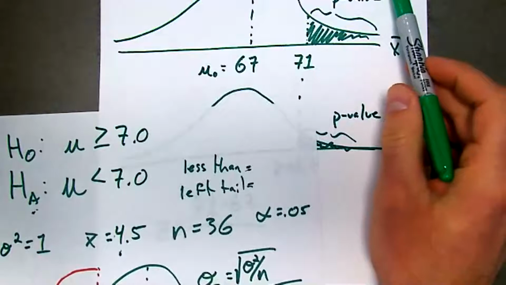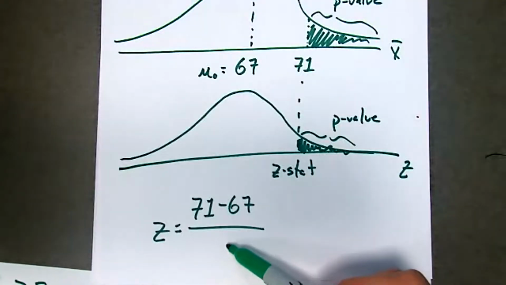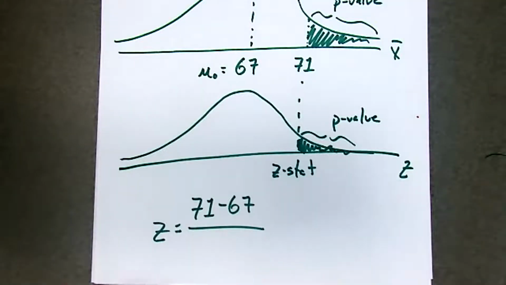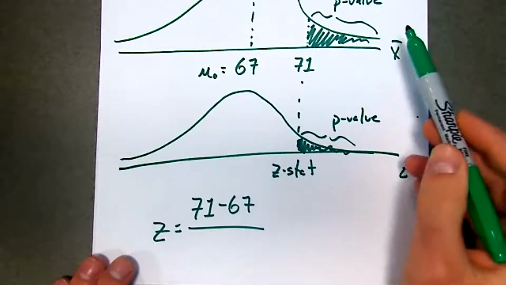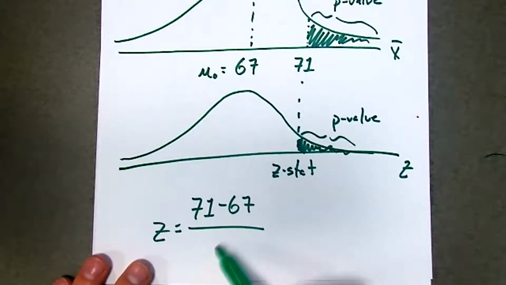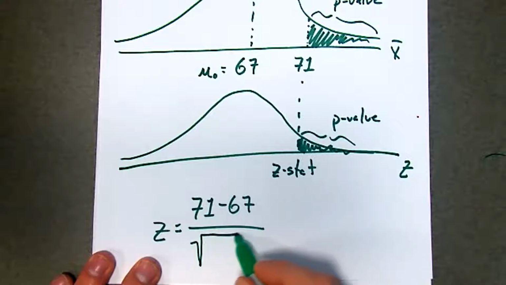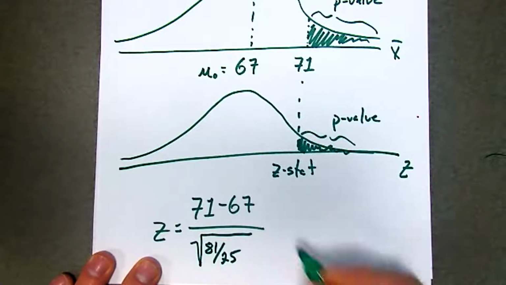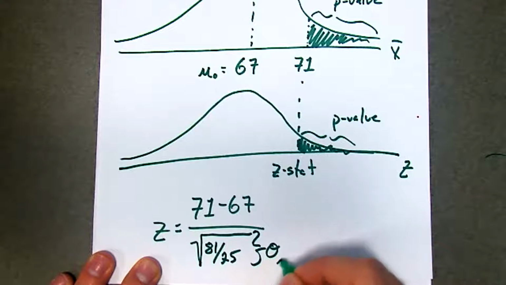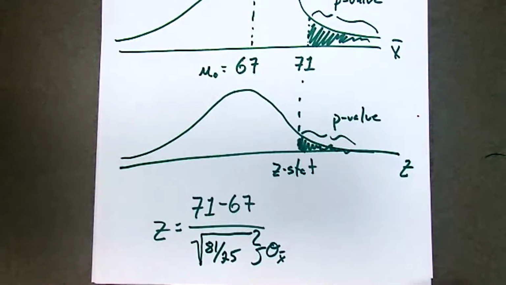If I had this number, I could just plug it into my denominator. Or because I don't have a calculator in front of me, and I think it's going to be 9/5, you could plug 9/5 in here, or you could do it all at one time and just plug in the square root of 81 over 25. Because this denominator represents the standard deviation of your sample means.